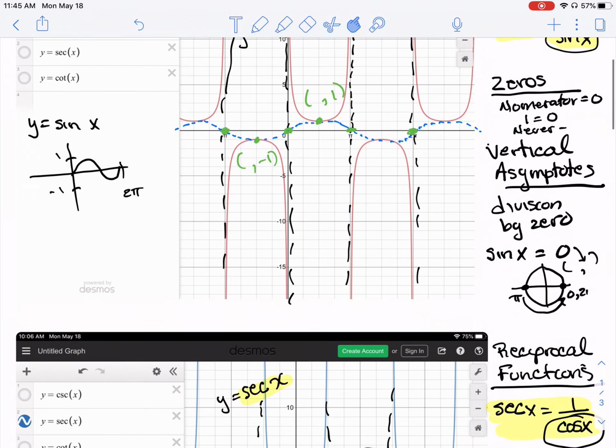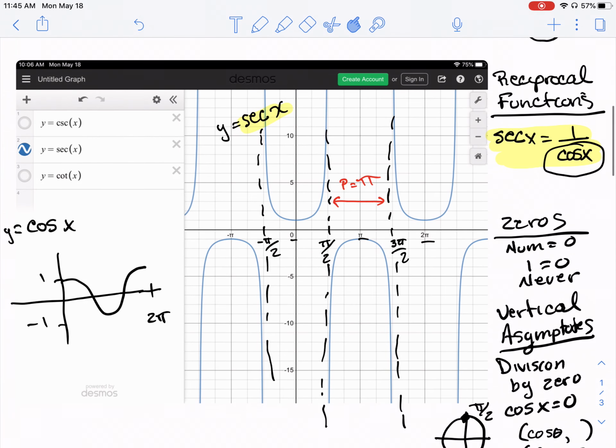That works on our secant graph too. Cosine and secant are reciprocal functions. So any place cosine is 0, that's where these vertical asymptotes come from. If I do a sketch of cosine on here, remember, cosine starts at 1, crosses the x-axis, drops down, comes back up to 1, and I can continue that pattern.